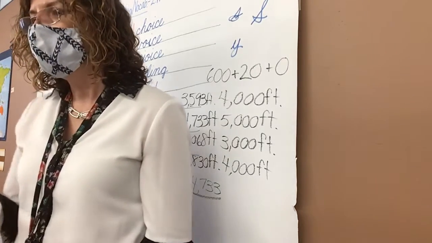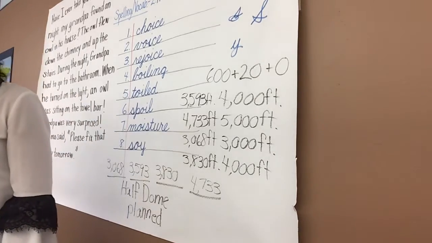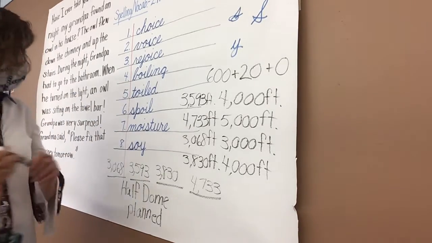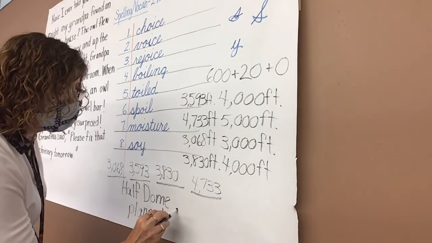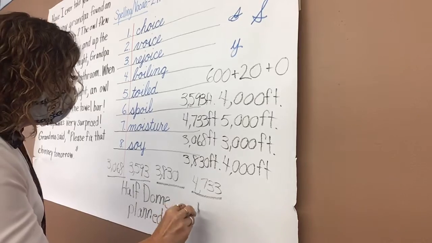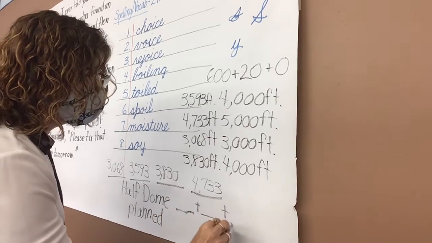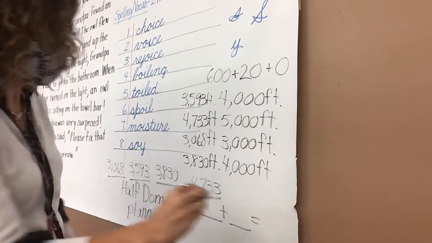All right, the next one they put it at the end, but you're still going to do the same thing. Let me show you because I have people that get confused on this and they think they have to do it backwards. Let's put it right here. We have blank plus blank plus blank equals 468.